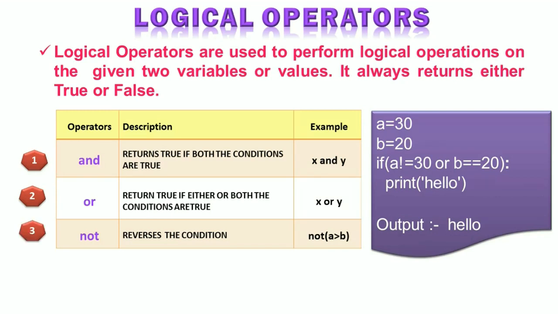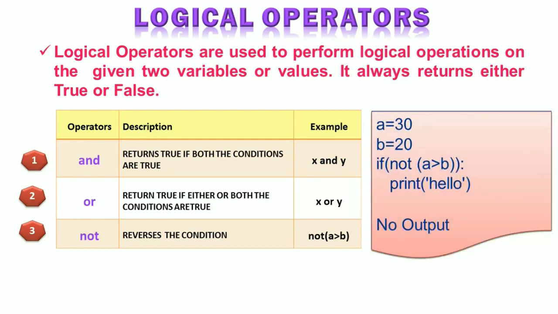Next we have the NOT operator. It reverses the condition. A = 30, B = 20. If not A > B, then it should print hello. Now in this case, A > B is true, but not (A > B) becomes false.